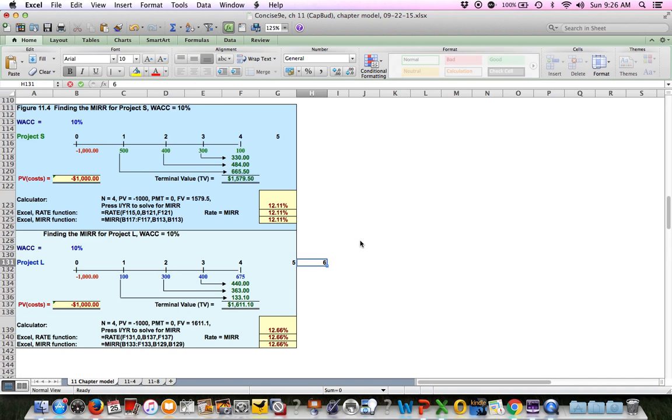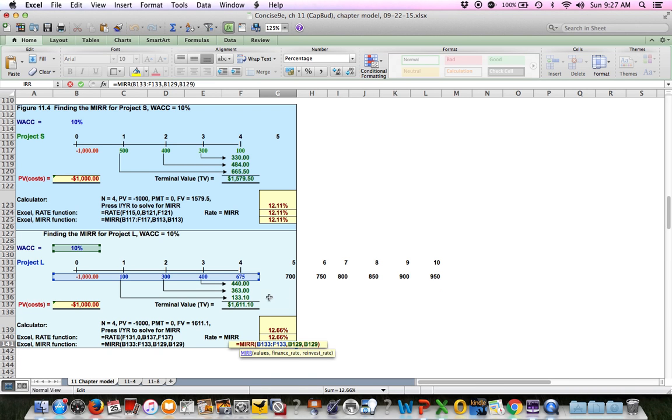So I'm going to add my years again. And I'll start at 700, and I'll go with just increments of 50. Okay, and then I'm going to go down here and use this formula, and all you got to do is drag across again.